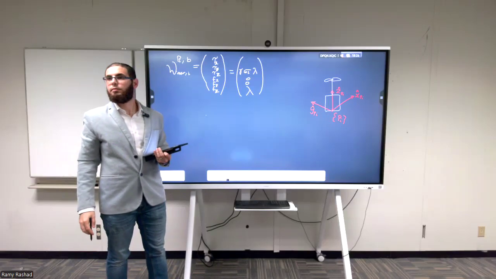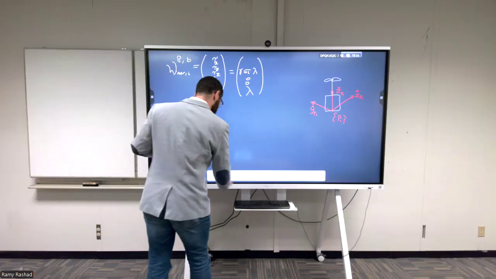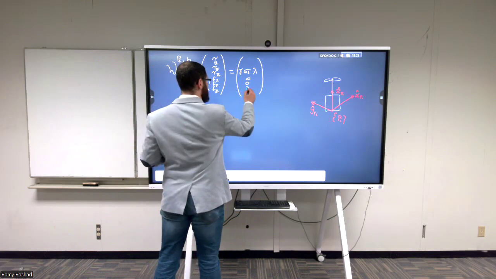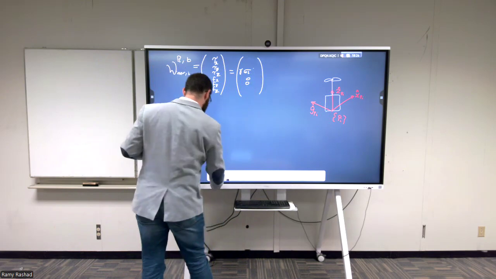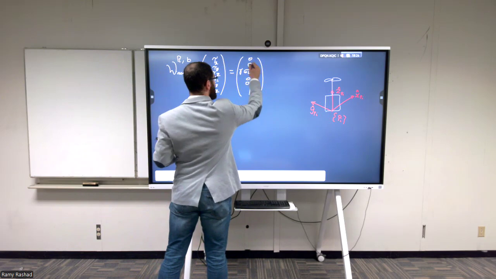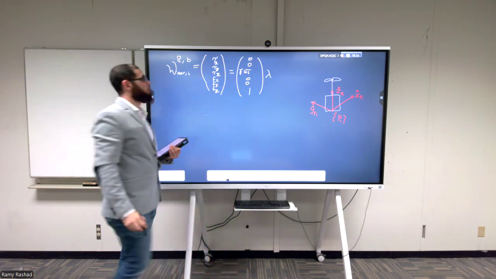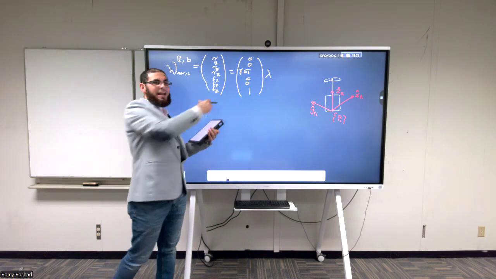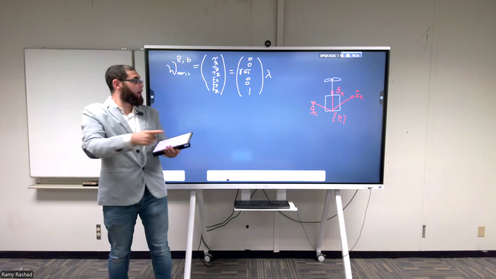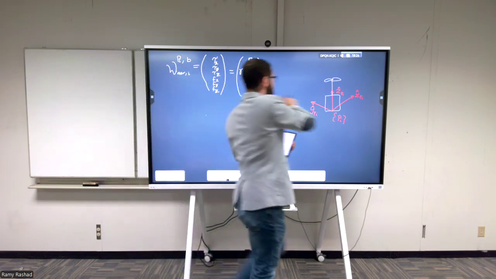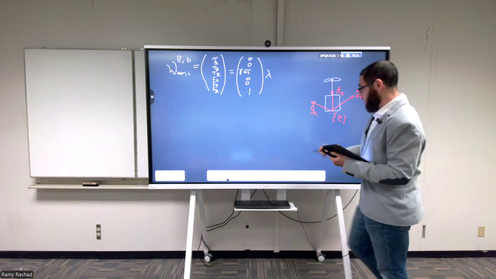Okay. So in the end, we simply have that the wrench is given by this direction. You see, this is just a direction that says, okay, I have a thrust in this direction and I have a drag torque around the same direction.